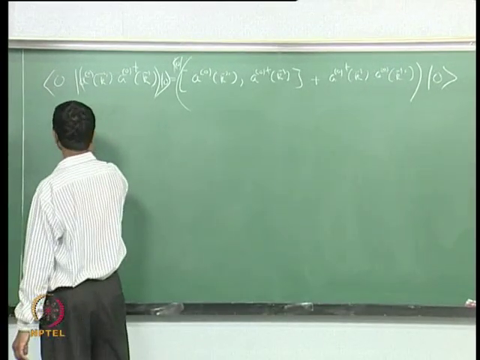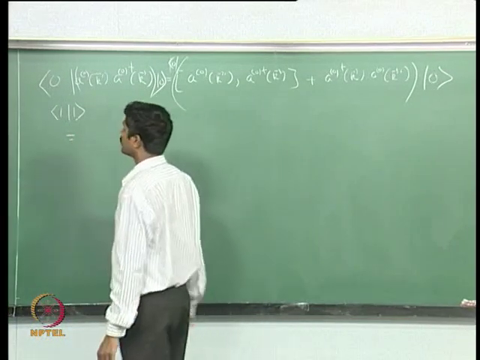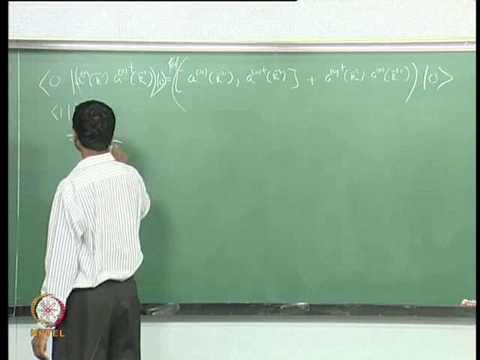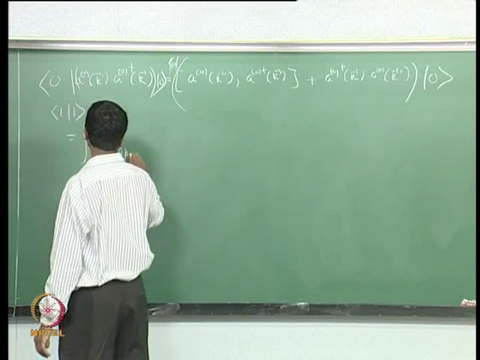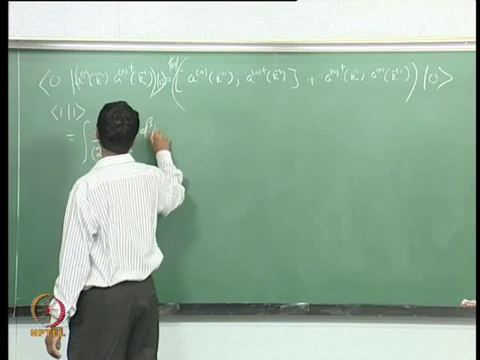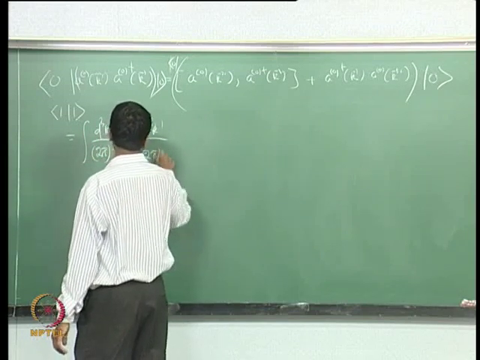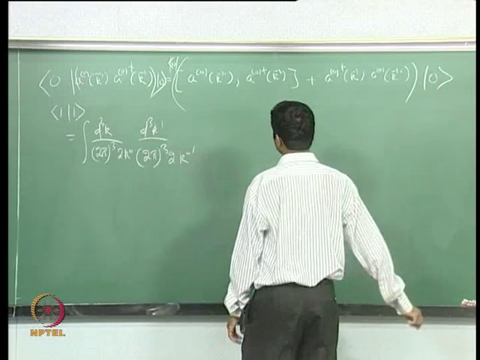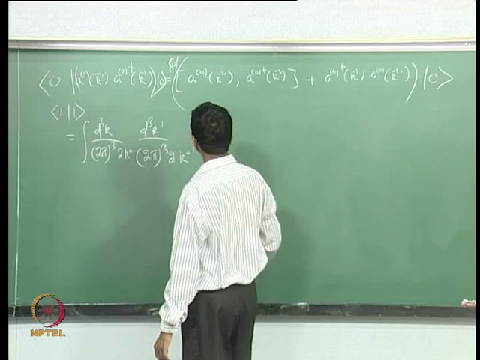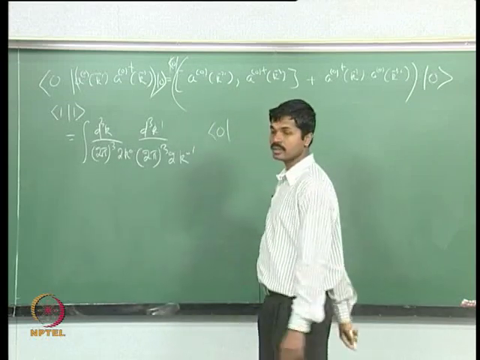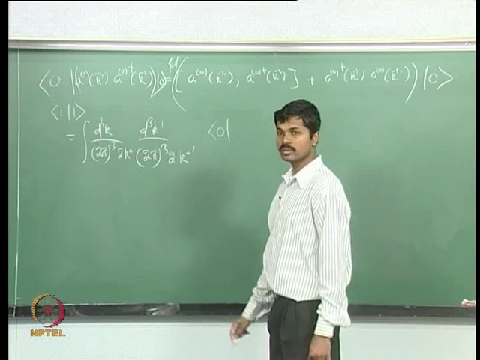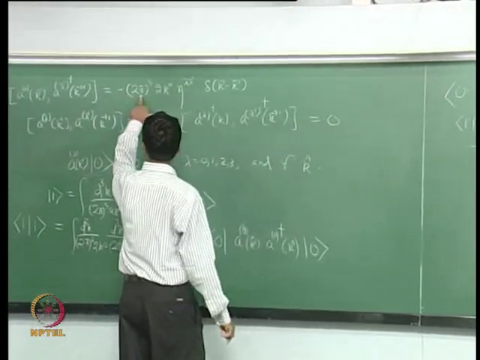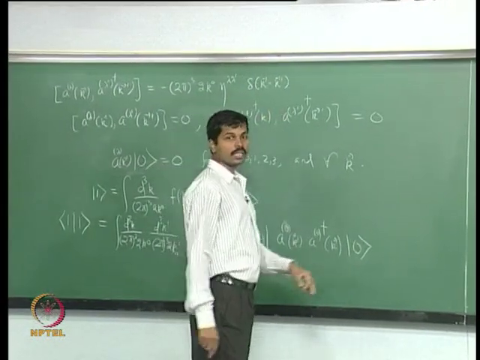Therefore, what we get for the norm here is ∫ d³k/(2π)³ 2k⁰ ∫ d³k′/(2π)³ 2k′⁰ times the commutator. But what is the commutator? If you look at the commutator, it is −2π³ 2k⁰ η^{λλ′}.